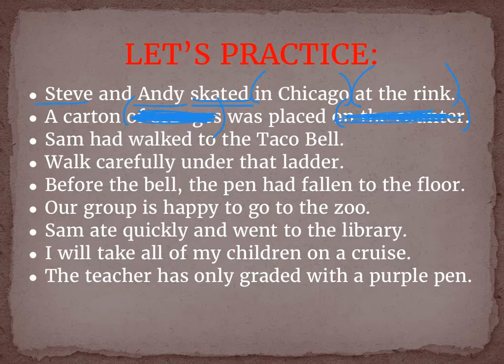So if we cross these off, we see that we have left a carton was placed. If we ask ourselves what the sentence is about, the sentence is about carton, so we underline it 1 time. What did the carton do, or what is the carton being? It was placed. Well, placed is your action verb, but was is a helping verb. It changes the tense of the sentence.